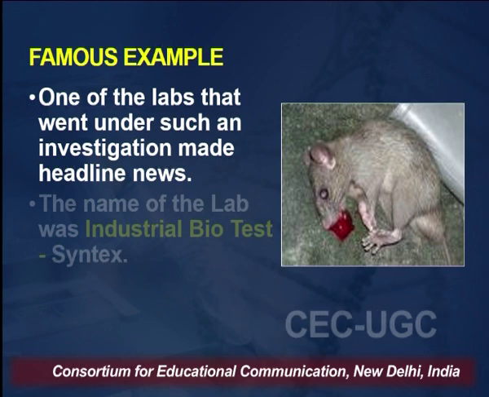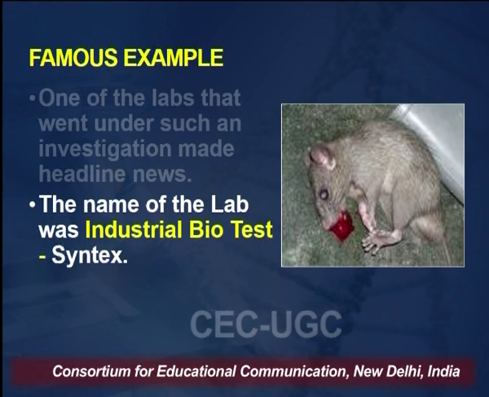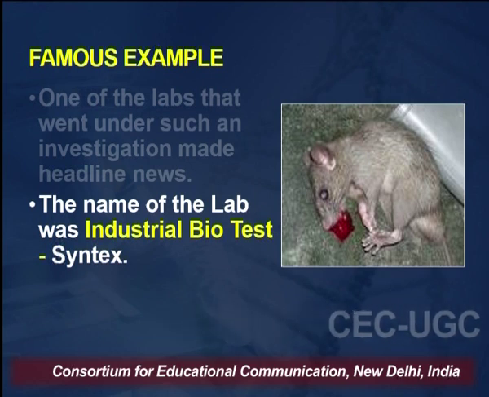Now, what are the famous examples of why the GLP was formed? One of the labs that went under investigation and made headlines is Industrial Biotest. Industrial Biotest is a company that is readily available for conducting preclinical tests.